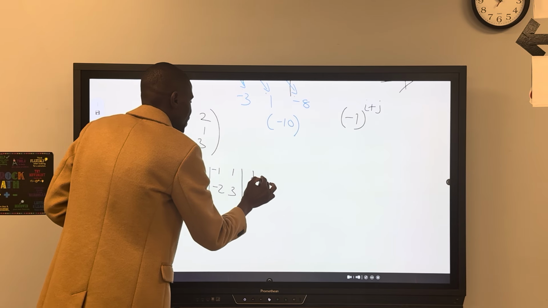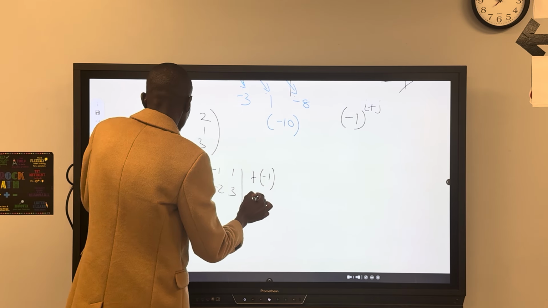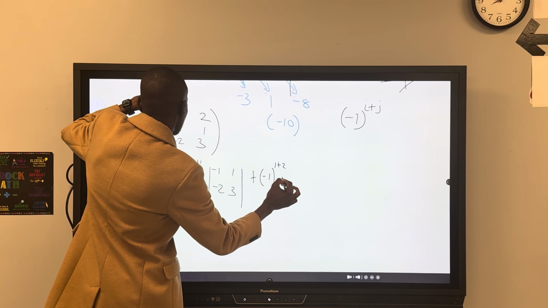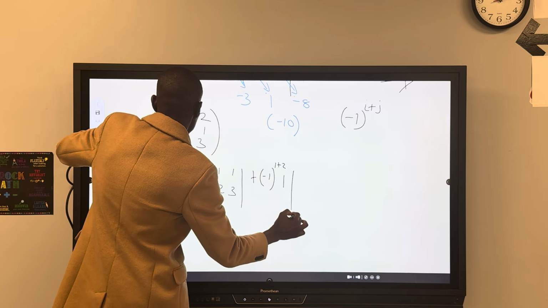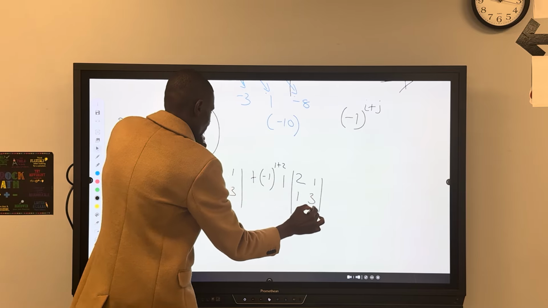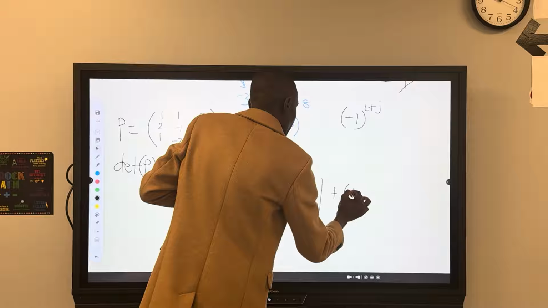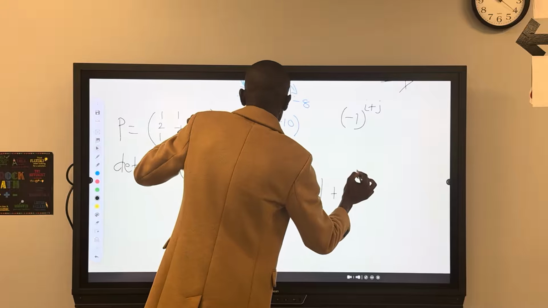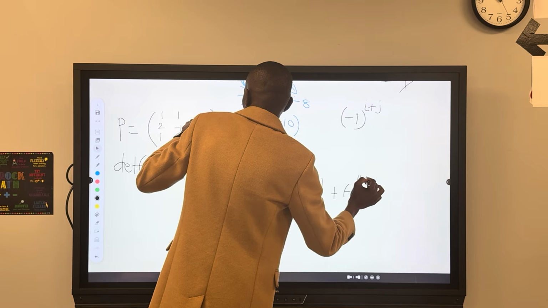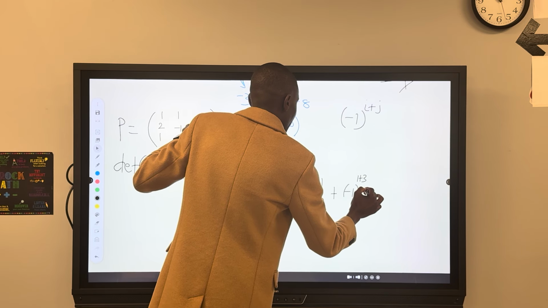Then plus -1, you do the same. For this one, it's first row, second column, and it's being multiplied by 1. If I delete those, I have 2, 1, 1, 3. Then plus -1 to the power of, this one is third column, and I have a 2.